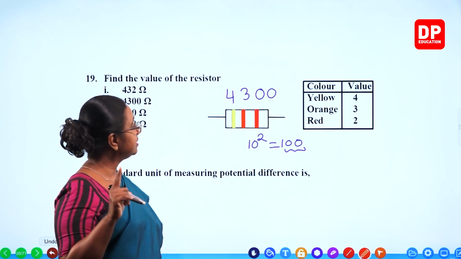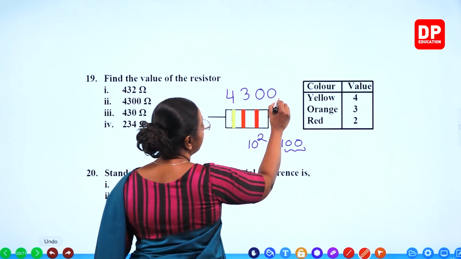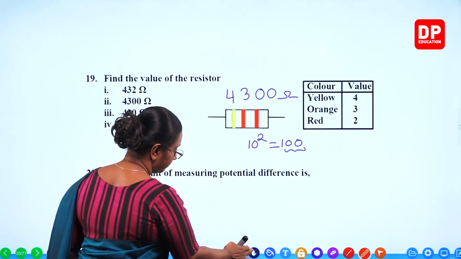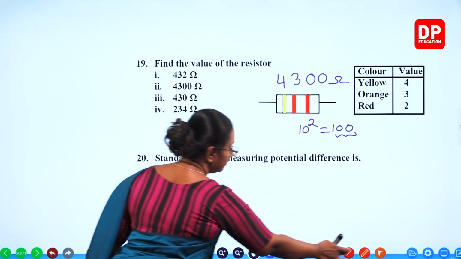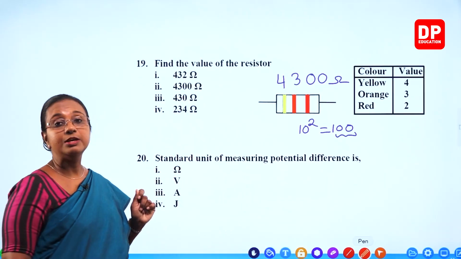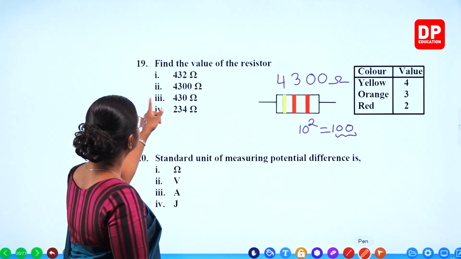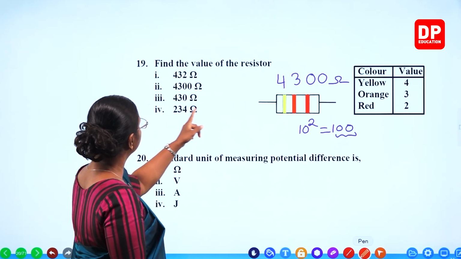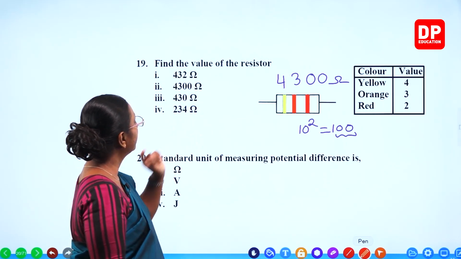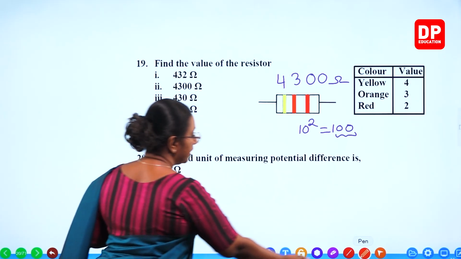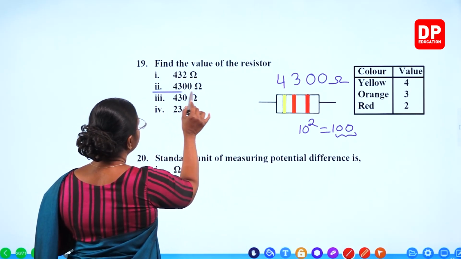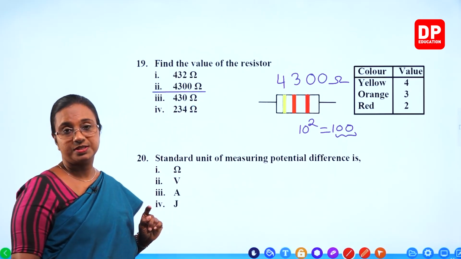So 4300, that is 4300 ohm. That is the value of the resistor. 432 ohms, 4300 ohms, 430 ohms, 234 ohms. The answer is 4300 ohms.